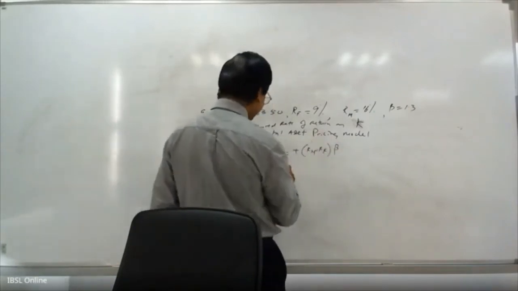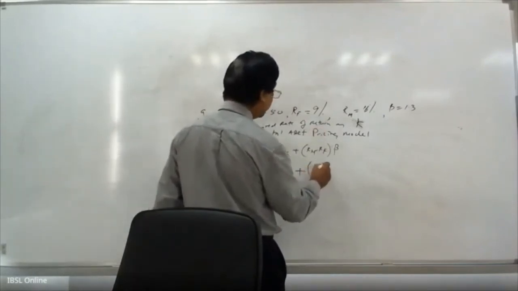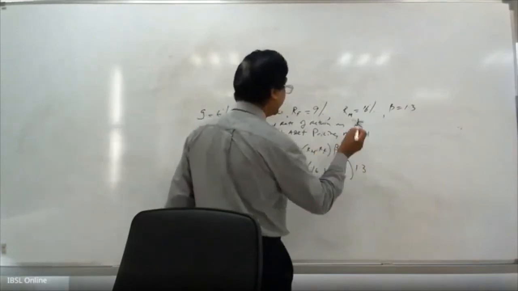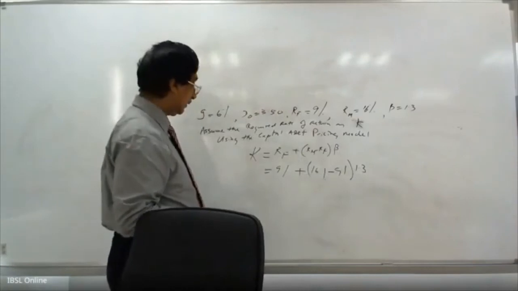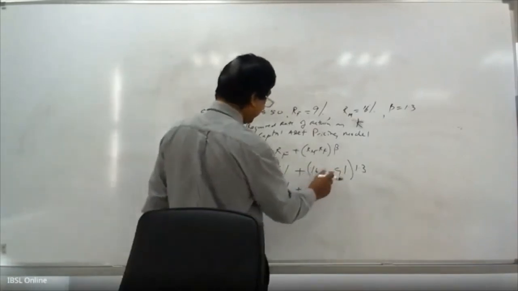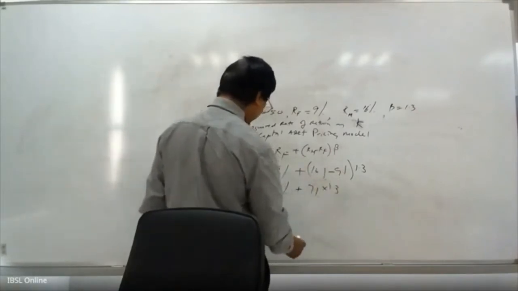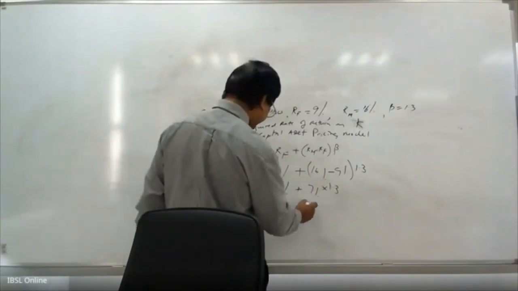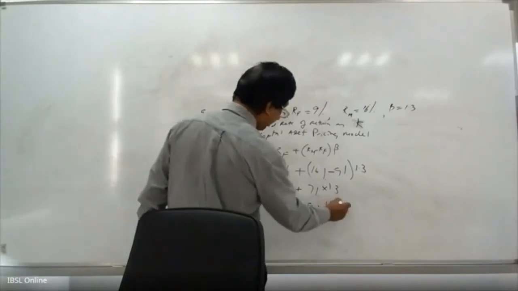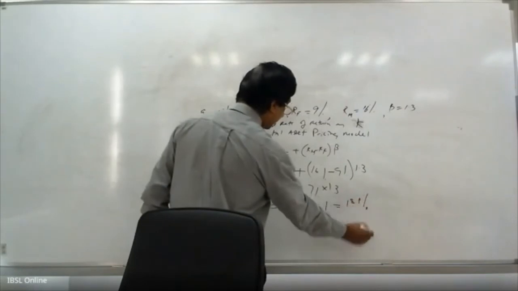So RF is 9%, RM is 16%, minus 9%, beta is 1.3. Now here you get 9% plus 16 minus 9 is 7%, into 1.3. 7 into 1.3 becomes 9.1%. And here 9%. Altogether it is 18.1%. This is the required rate of return. 18.1.